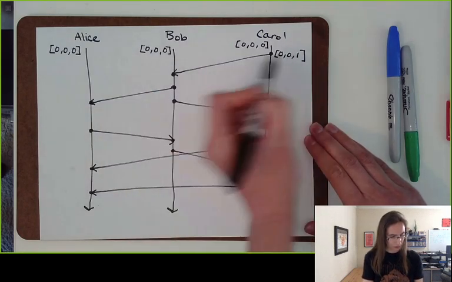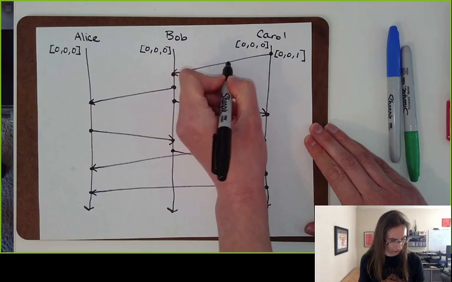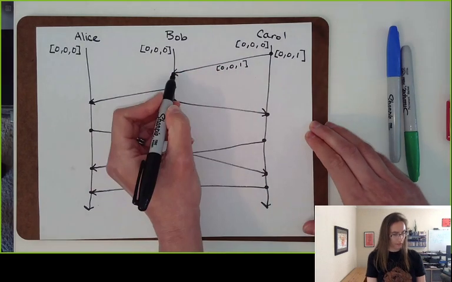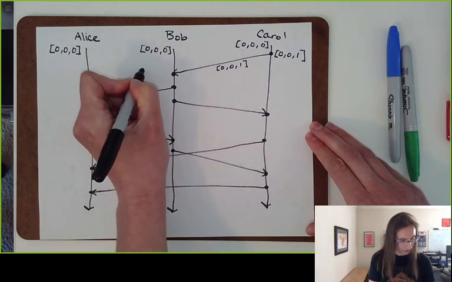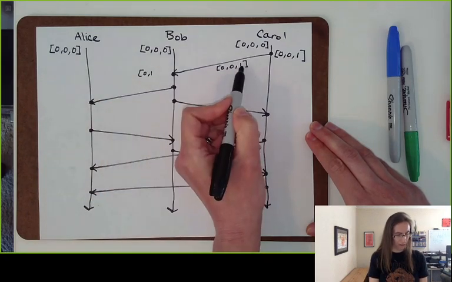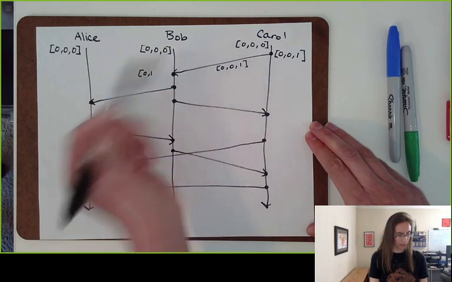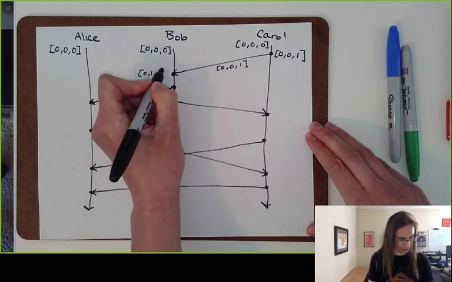But also, this vector clock from Carol got sent along with the message. So what Bob is going to do is he's going to update his own entry. So it's going to be 0, 1, but then he's also going to take that 1 from Carol and combine it with his own entry and take the maximum of the two. So his entry is now going to be 0, 1, 1.